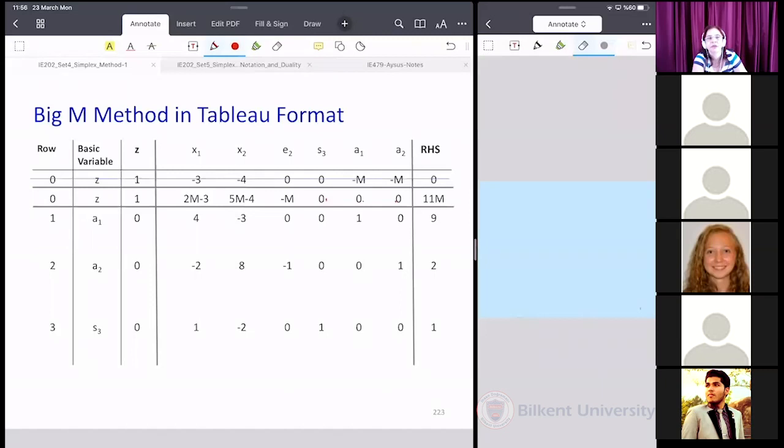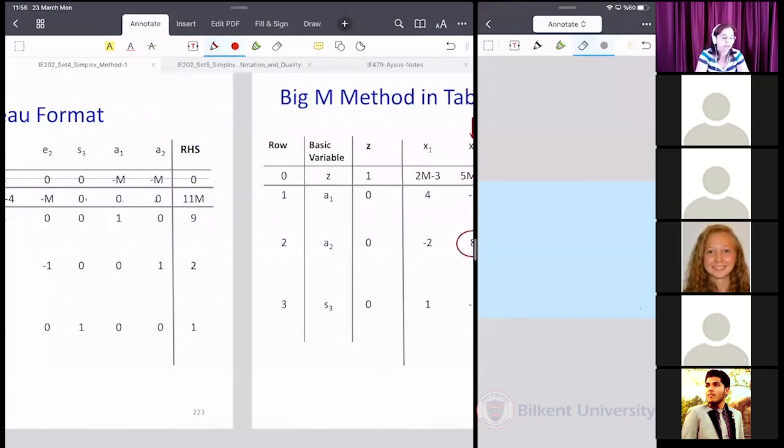You told me that you would unmute yourselves. You need me? Okay. Yes, x2 because its coefficient is bigger than x1. Exactly. X2 has the most positive coefficient. So this time X2 will enter.